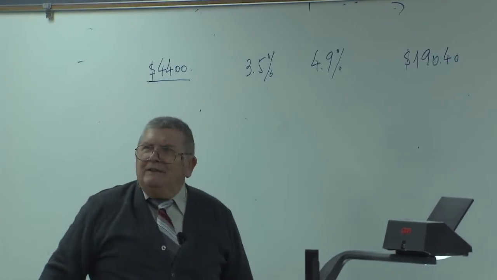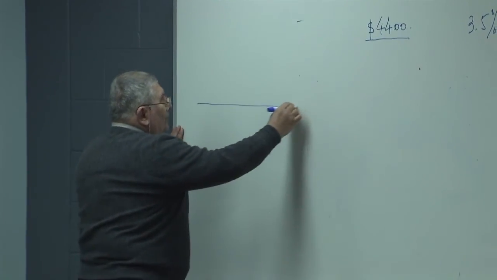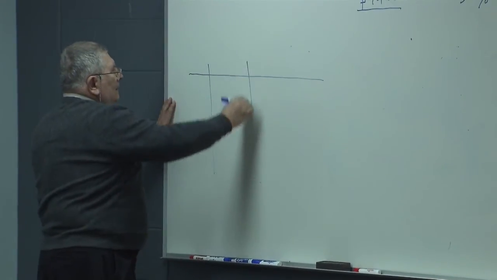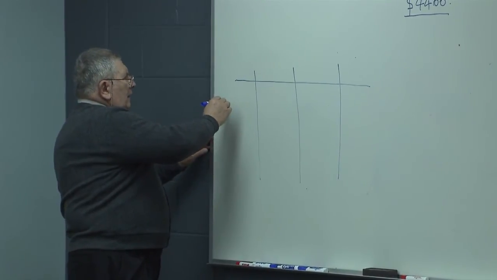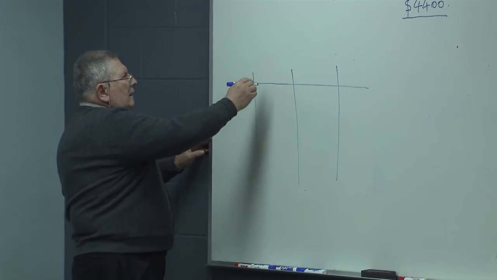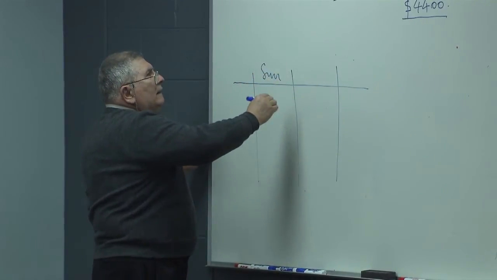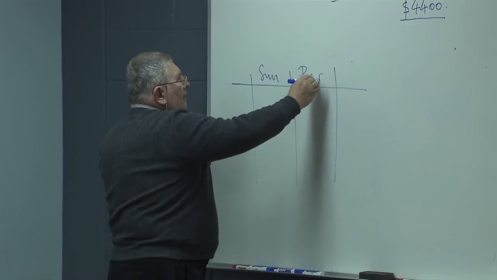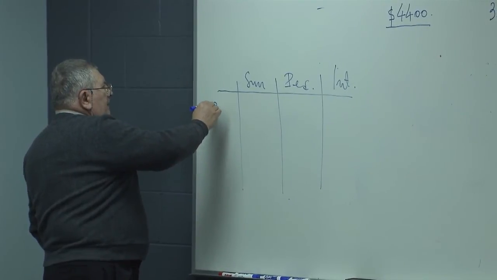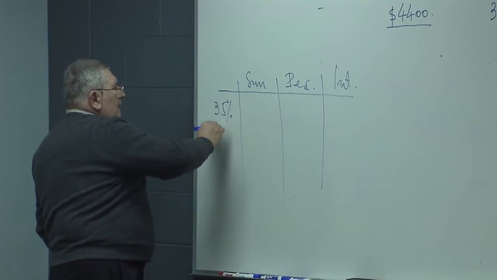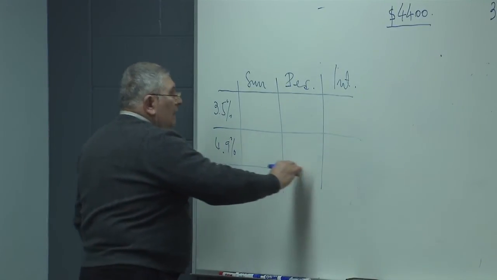Do you remember how you solved this problem? You solve this problem this way. The table. Here is the sum, here is the percentage, here is the interest: 3.5%, 4.9%, and total.